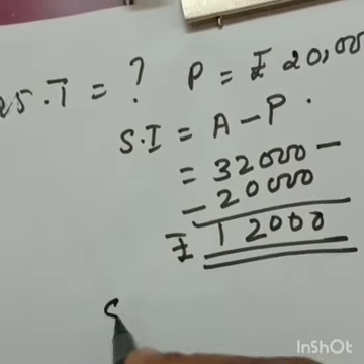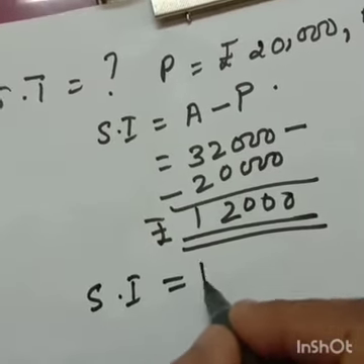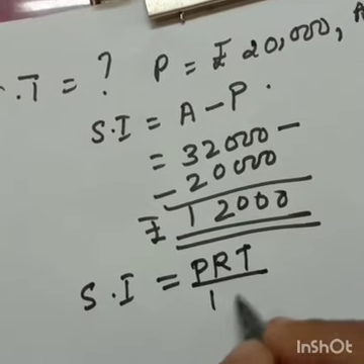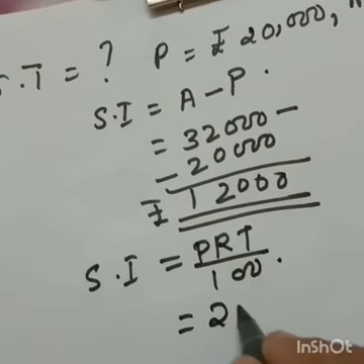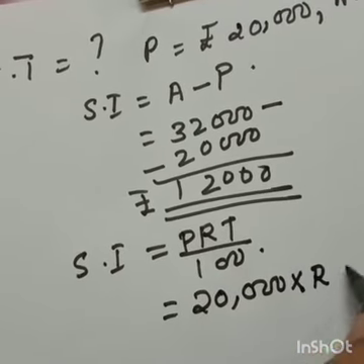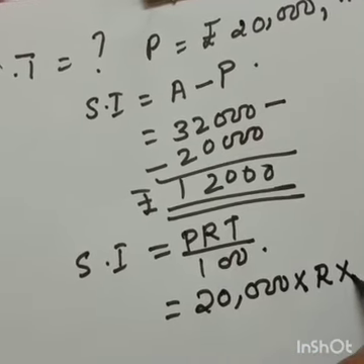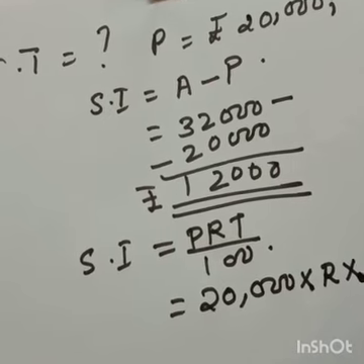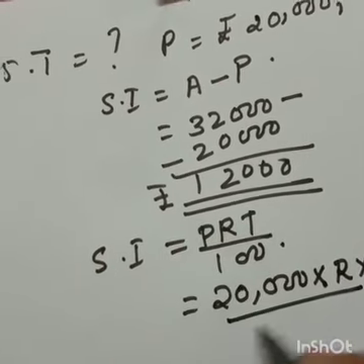Then put it in the formula. Simple interest equal to PRT by 100, P, R, rate, time, divided by 100.